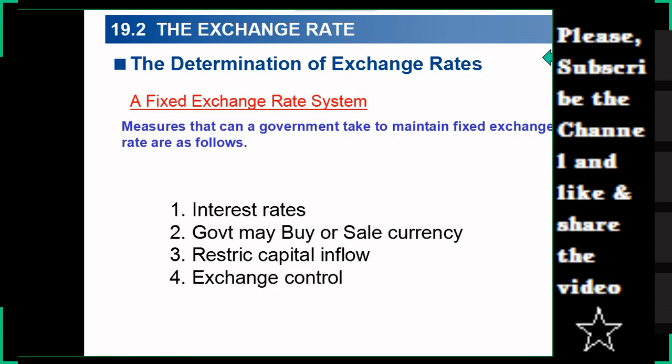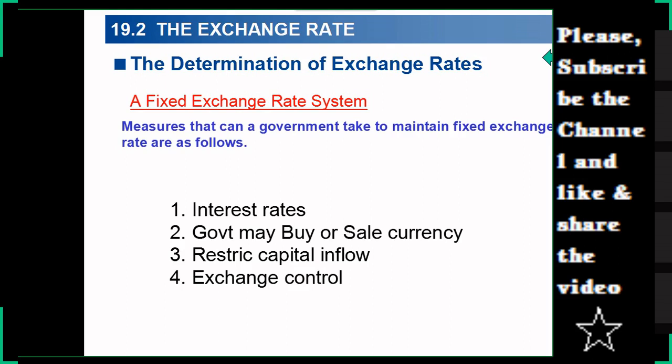But we know that if interest rate is increased, somewhat inflow will happen in the country, and as a result demand for that currency will increase. Now if that currency was depreciating, then there will be appreciation. Opposite way, if the currency was appreciating, interest rate will be decreased, and then that currency will start depreciating.